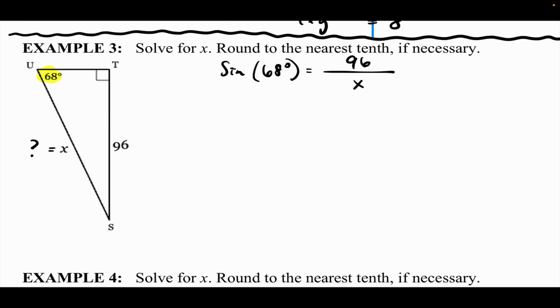Take a wild guess as to how I would solve this guy. And I'll give you a hint. You've done it many times. You actually did it on your last test. How would I solve this guy? Multiply. What kind of multiply? Yeah, diagonal cross multiplication. Turn this guy into a fraction and do your diagonal cross multiply to get rid of the fraction.